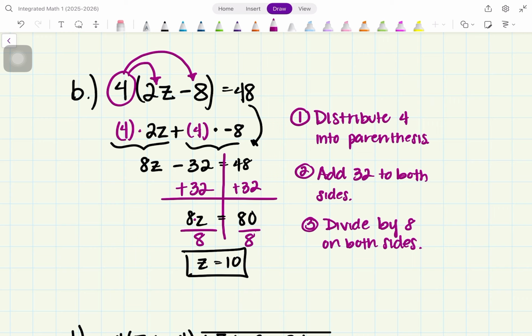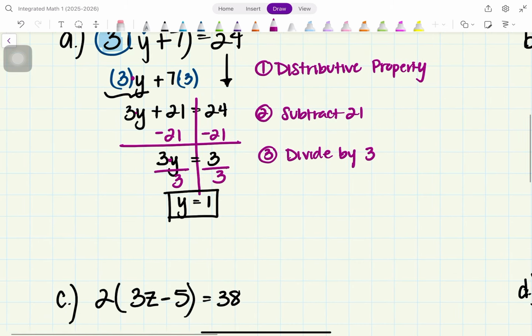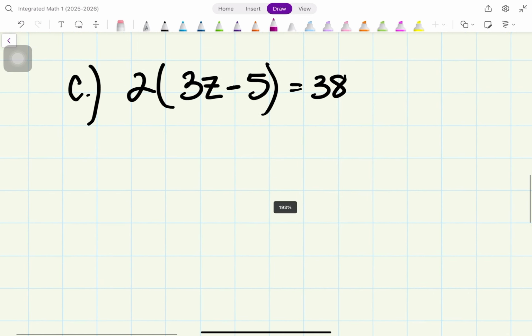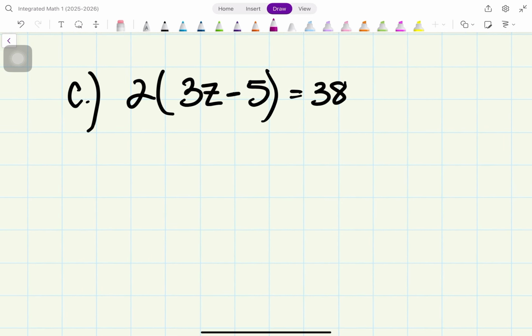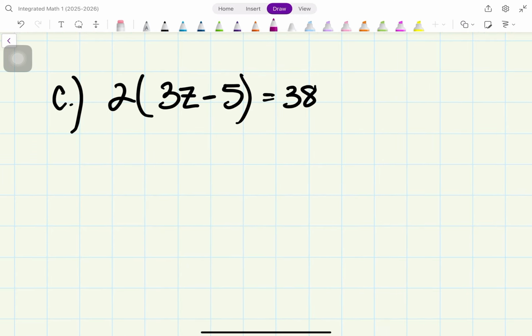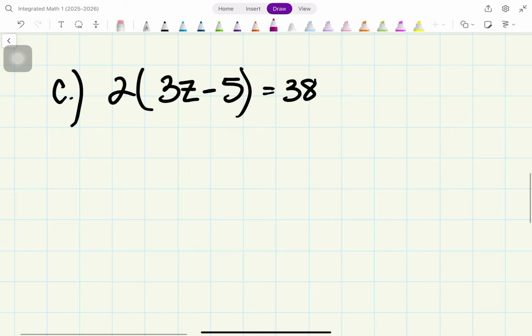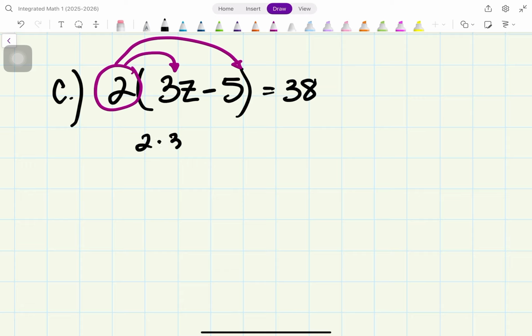Next one, problem C. Same idea. Once again, a pattern that we're seeing is that we're distributing first, then we're moving to add or subtract, and then we're dividing. So let's distribute this out. It's going to be 2 times 3z plus 2 times negative 5.